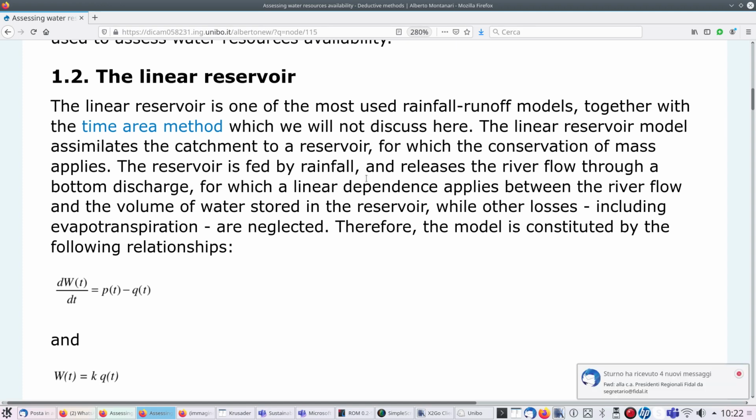To this reservoir, we can apply the conservation of mass. Remember that in any problem related to fluid mechanics, mass balance and energy balance apply. Therefore, water resources assessment is indeed a fluid mechanics problem.